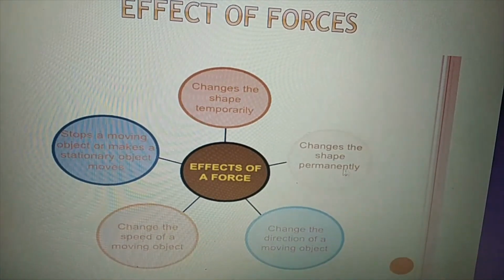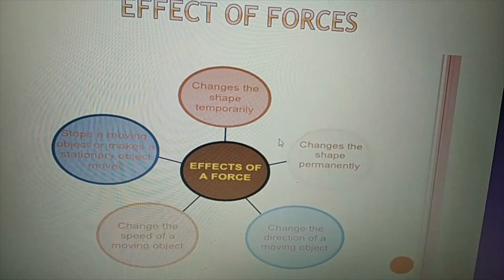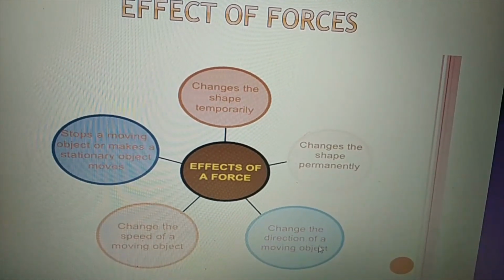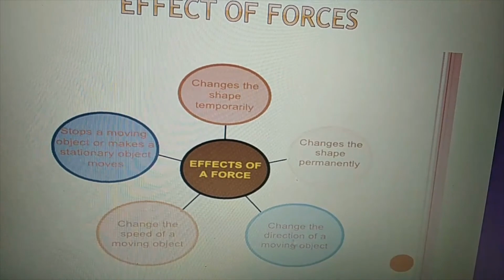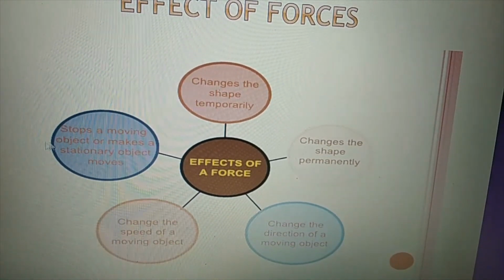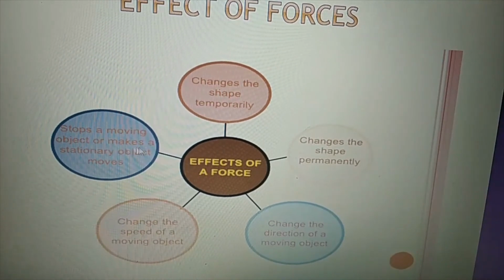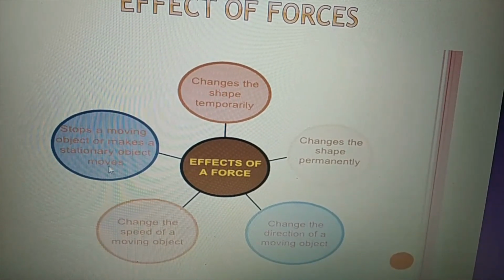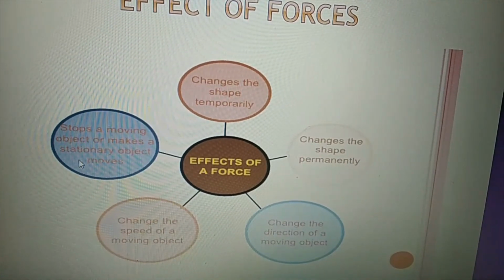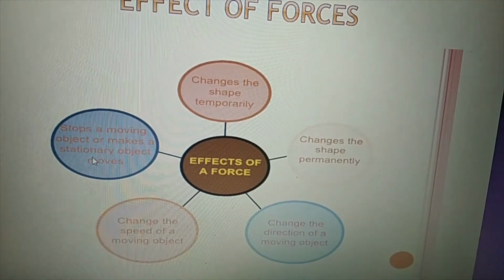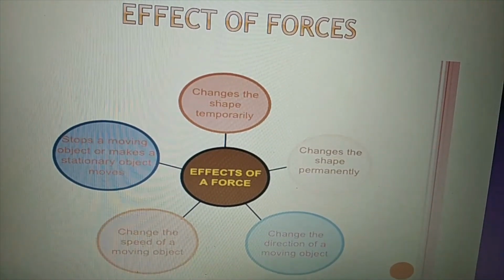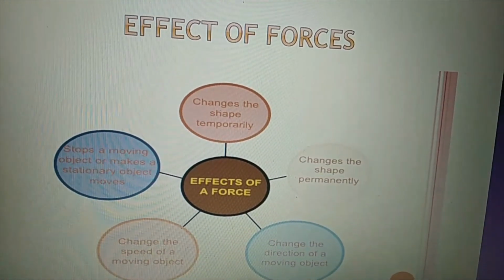It can change it either temporarily or permanently. It changes the direction of a moving object. It changes the speed of a moving object. It makes a moving object stop, or it makes a stationary object start to move. So these are the effects of forces.